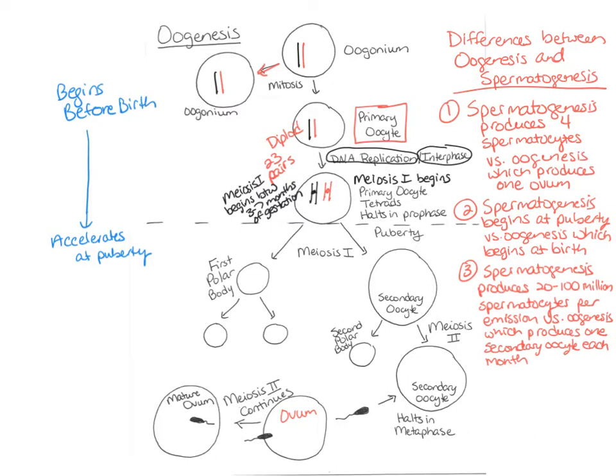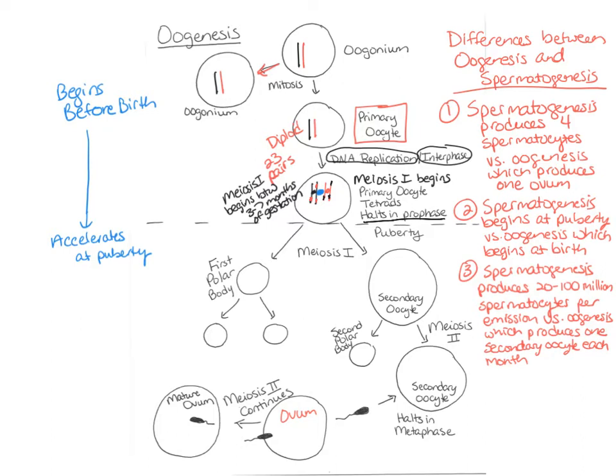Meiosis 1 stops then in prophase 1 after crossing over occurs. So the same thing that happened in the male, where the tetrads were formed and crossing over of genetic material occurred, but then that primary oocyte halts right in prophase 1, which is prophase in meiosis 1.